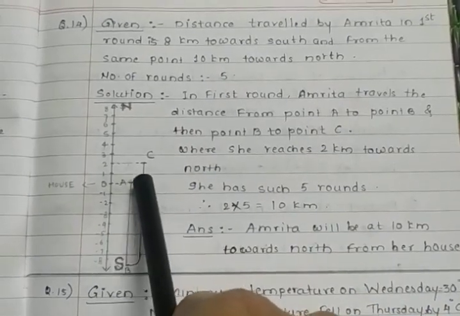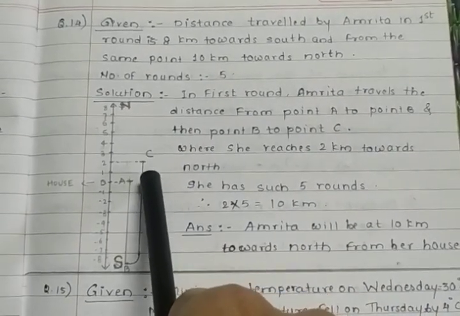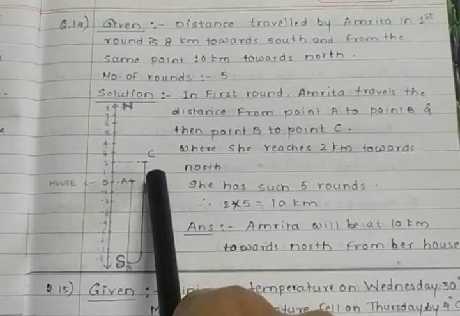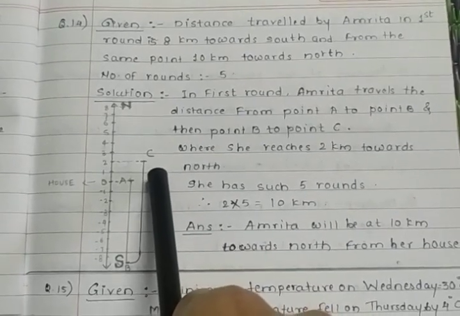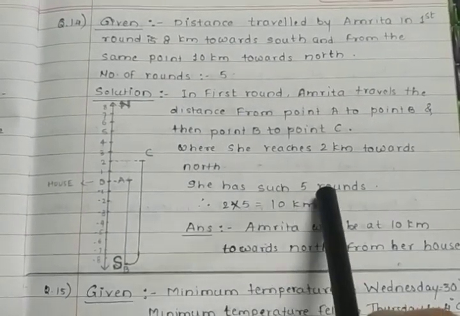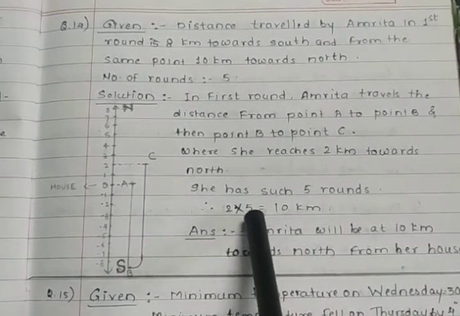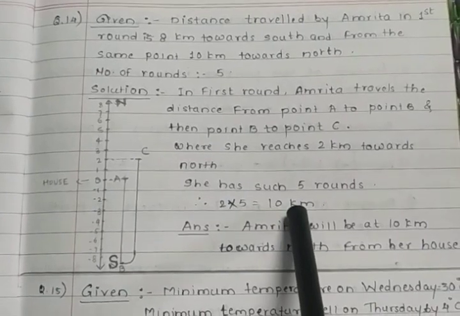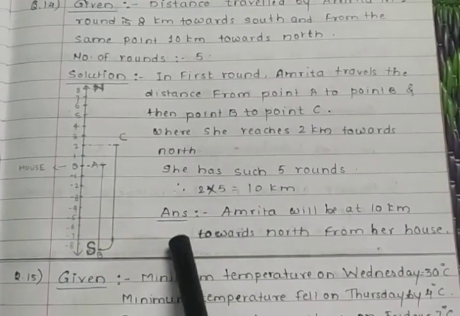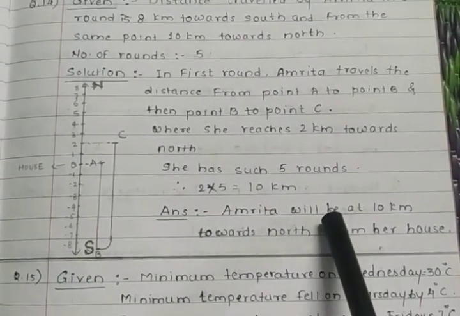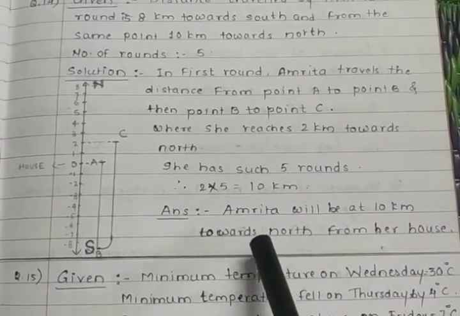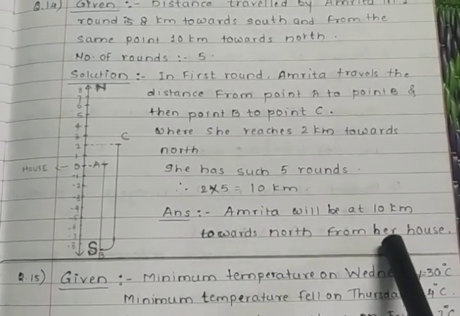You can see here she is reaching 2 kilometers towards the north. So she has 5 such rounds. 2 kilometers into 5 rounds is 10 kilometers, right? So what will be our final answer? Amrita will be at 10 kilometers towards north from her house.